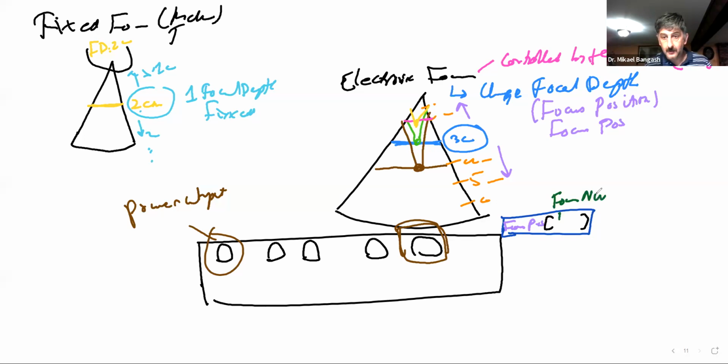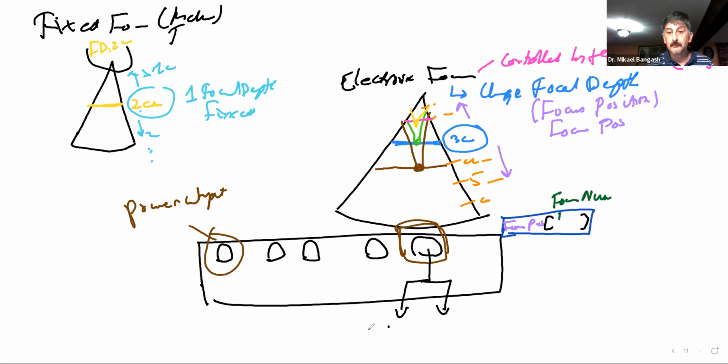Focus num, N-U-M. Okay. Now, what that mainly will mean is that this knob here has two functions.